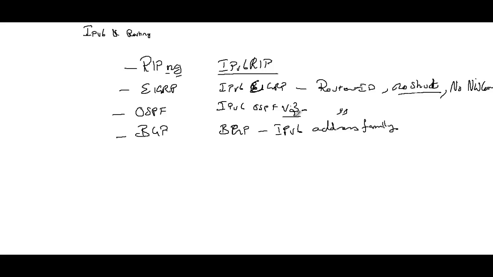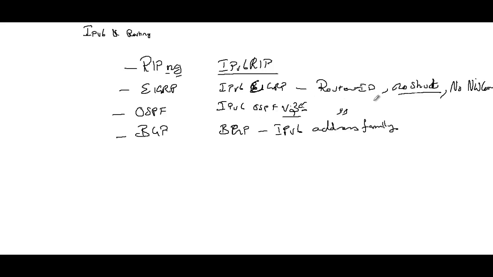Even with IPv6 OSPF, which is version 3, we can provide the router ID statically. If you don't provide it, it will pick from an interface. The router ID should be a 32-bit address in both IPv6 EIGRP and IPv6 OSPF.